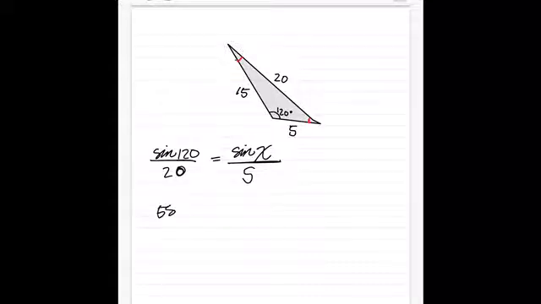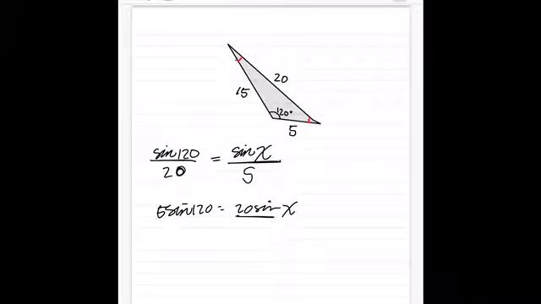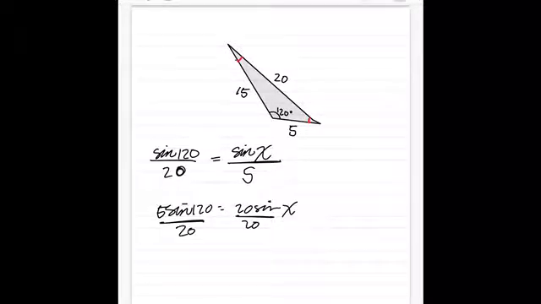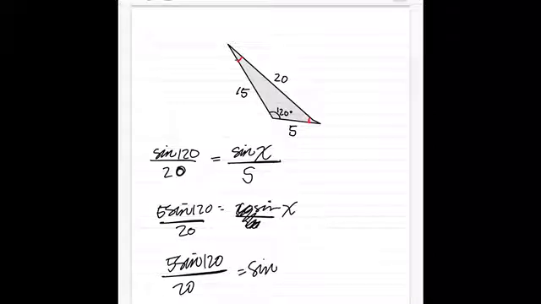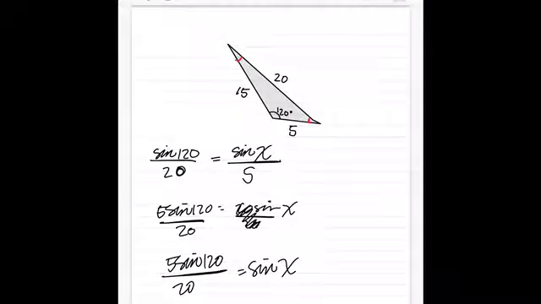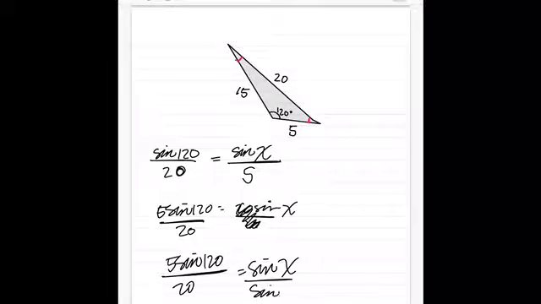Cross multiply. 5 sine of 120 is equal to 20 sine of x. Divide both sides by 20. Let me rewrite this. It's equal to sine of x. I'm not looking for sine of x, I'm looking for x, so I have to take the inverse sine of both sides.